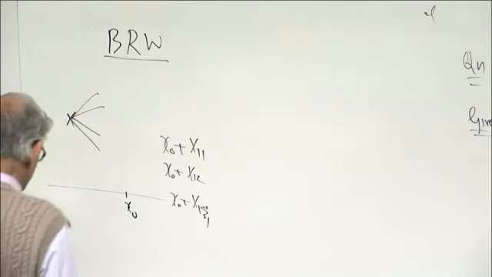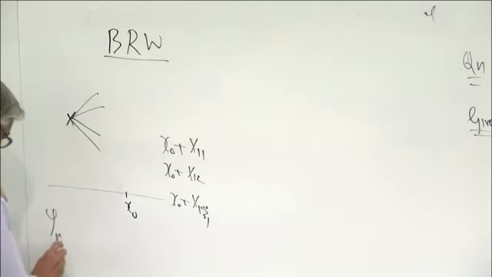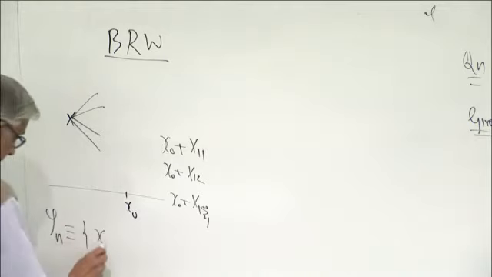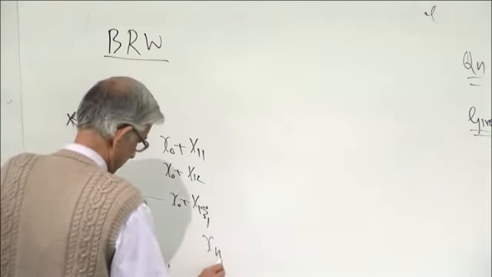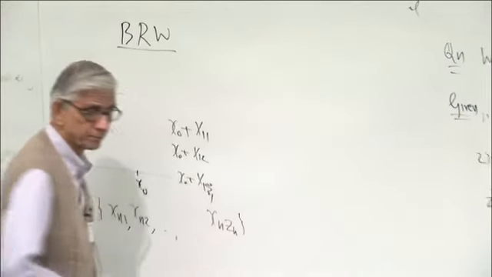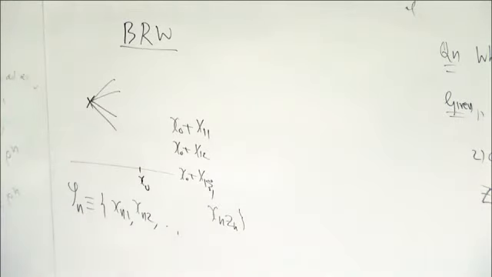So zeta n is the actual position of all the individuals in the nth generation: xn1, xn2, up to xn,Zn. So this is the point process generated by the positions of the Zn individuals in the nth generation.